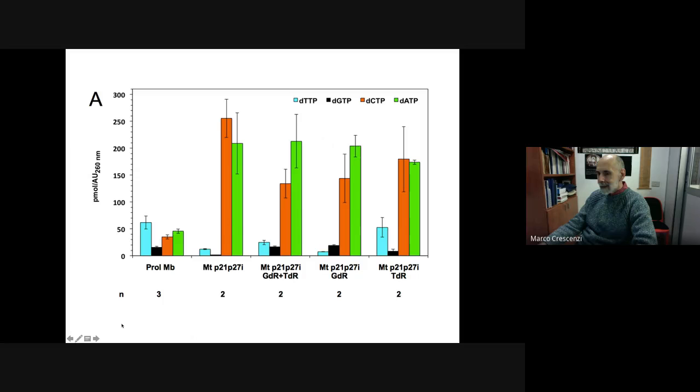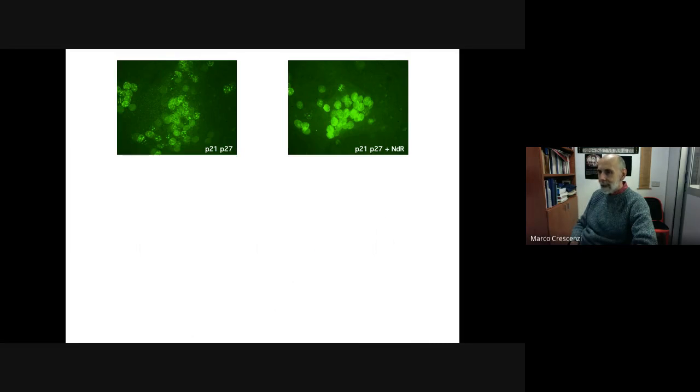Now, what was DNA synthesis in myotubes reactivated in the presence of nucleoside supplements? Okay, first of all, immunofluorescence evidence. These are myotubes reactivated without supplementation.